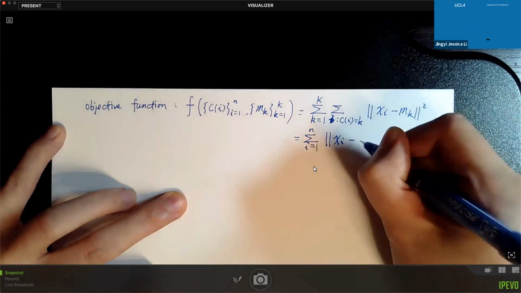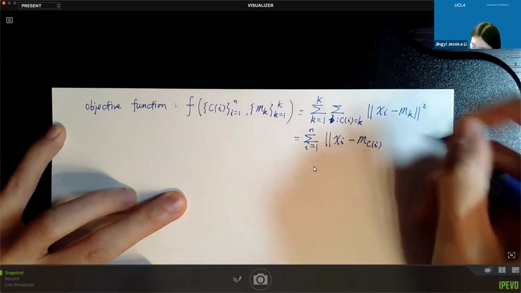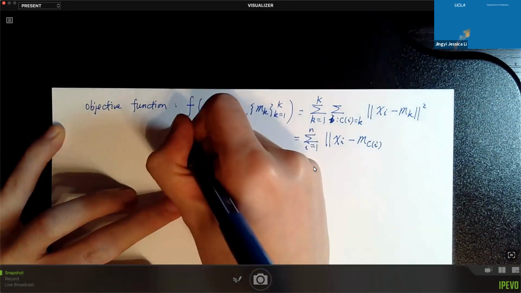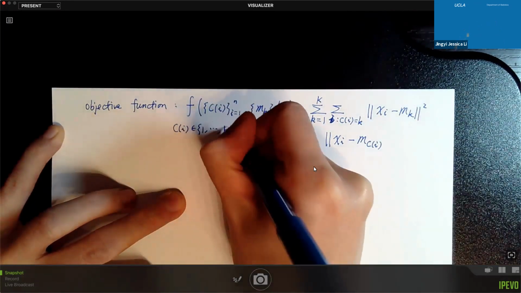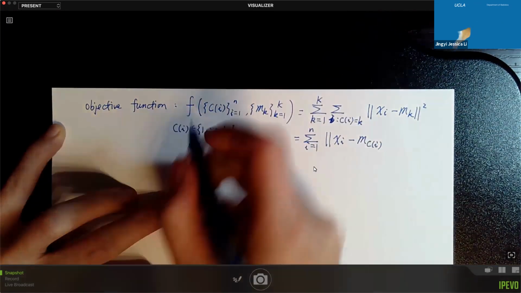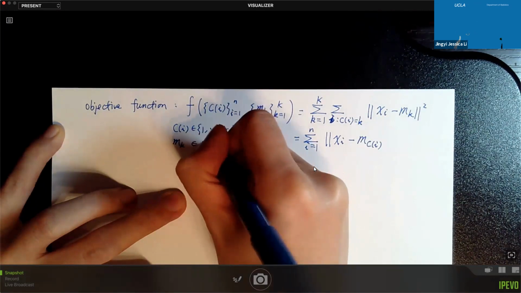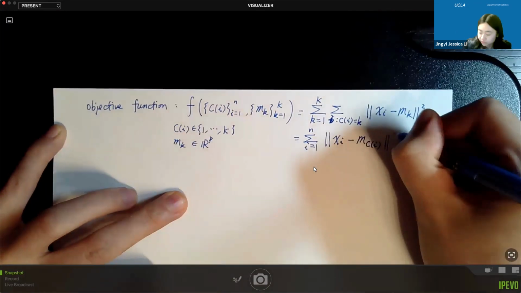In other words, we can write the center as m_Ci, right? Ci is indicating the membership. We know each Ci takes value 1, 2, ..., K. And each mk is a p-dimensional vector just as each xi. So therefore, I can rewrite my objective function as this.